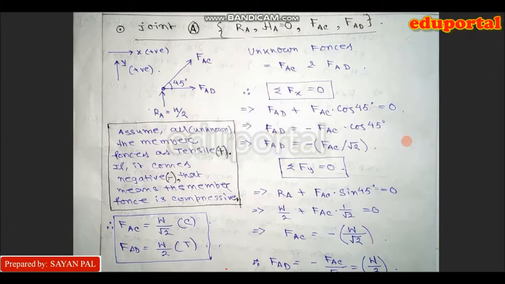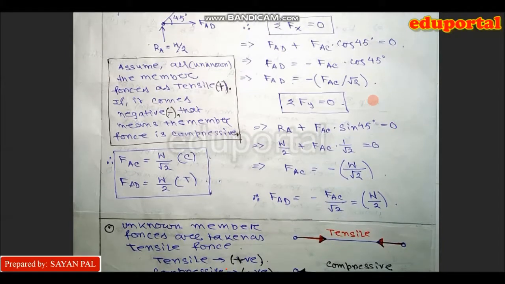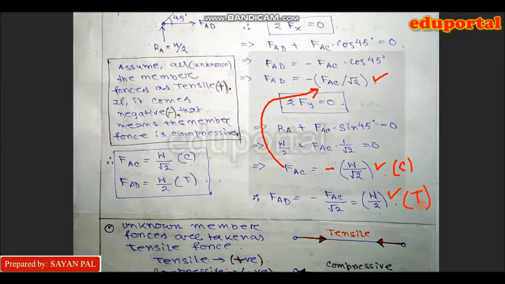And we have FAD equal to minus FAC by root 2, so putting this value here, FAD is equal to W by 2. So we have the solution for two member forces: FAC is equal to minus W by root 2 and FAD is equal to W by 2. Minus means it is compressive and plus means it is tensile. So we have analyzed joint A.